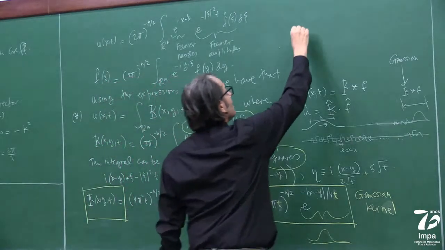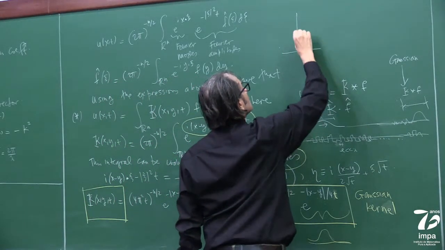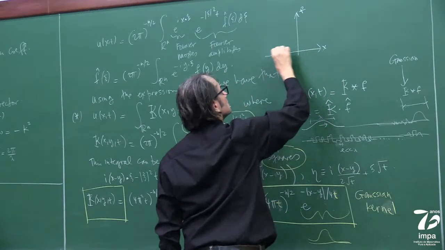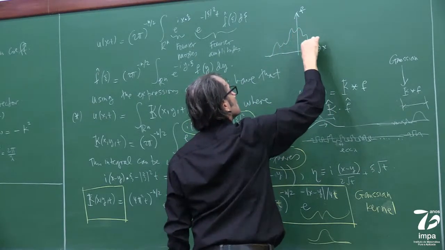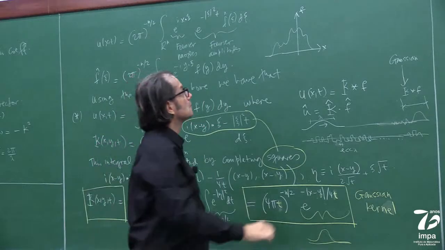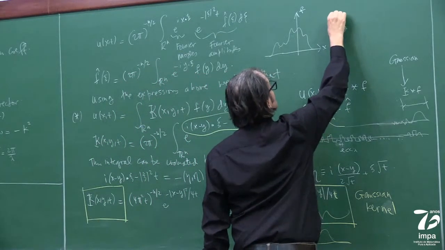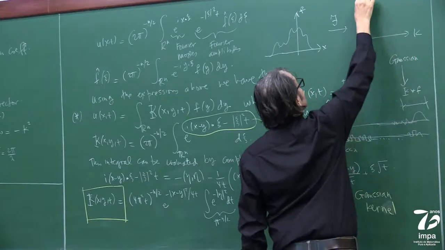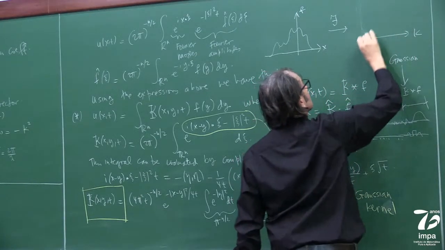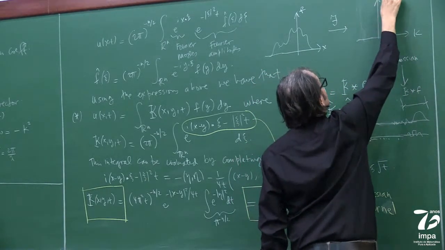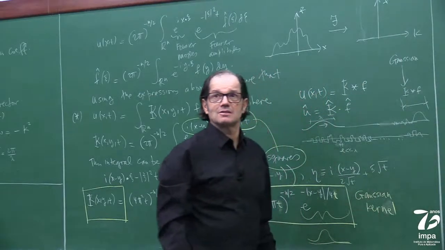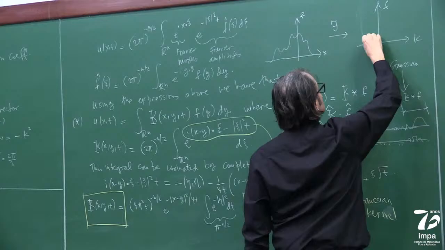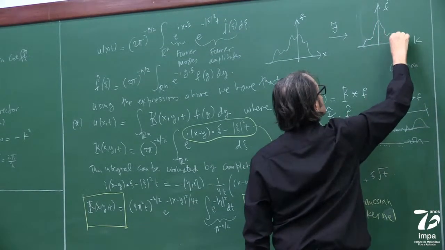Look, if I have a function f, this is x, and this is my function f. I do a Fourier transform. No, this is k. Sorry. This is f hat. And let's pretend that the spectrum is something like this.